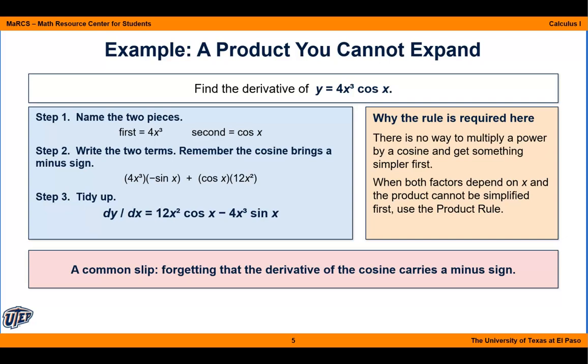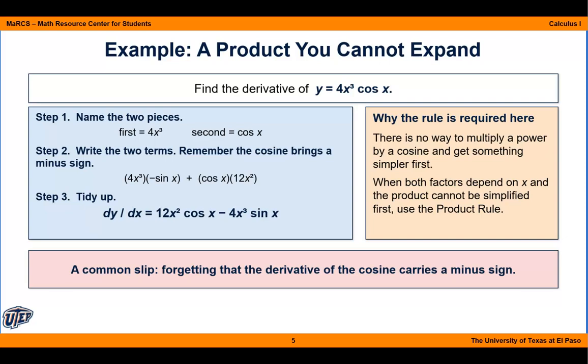Some products cannot be simplified by ordinary algebra before we differentiate. Consider y is equal to 4x cubed times cosine x. The two factors are 4x cubed and cosine of x. Their derivatives are 12x squared and negative sine of x. Applying the product rule gives dy dx is equal to 4x cubed times negative sine x plus cosine x times 12x squared.